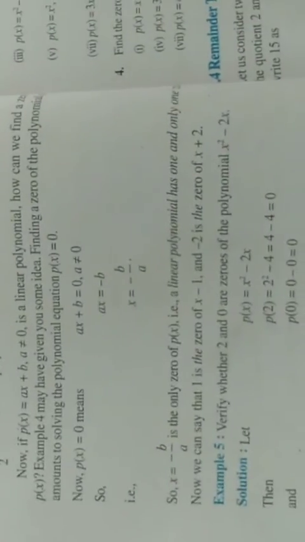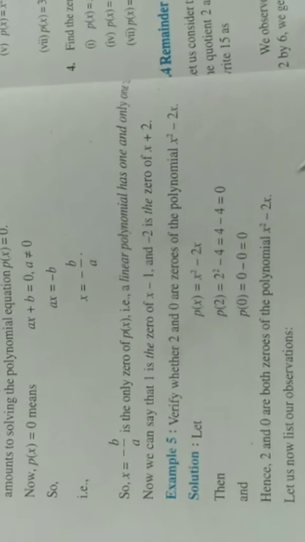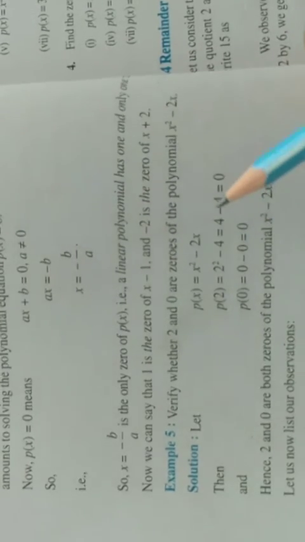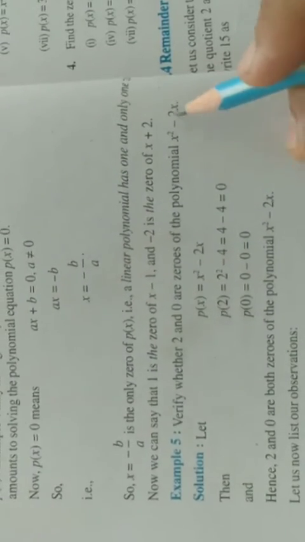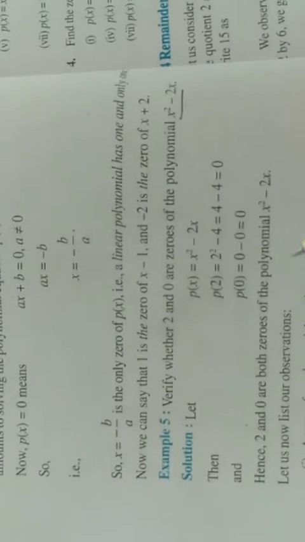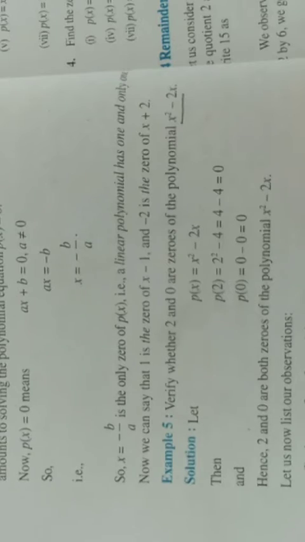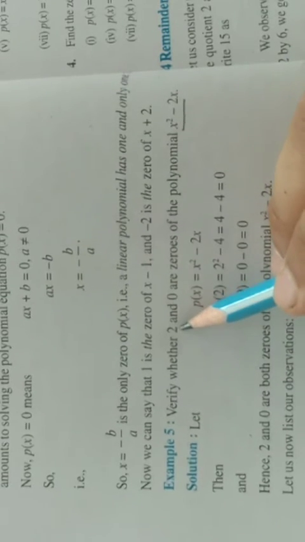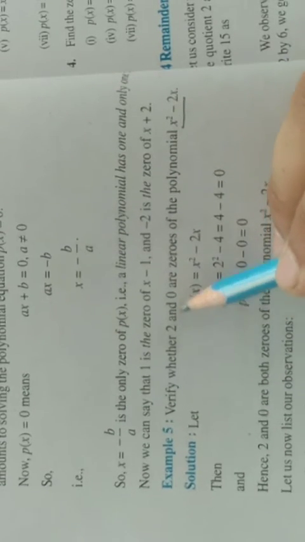Now next example number 5. Verify whether 2 and 0 are zeros of the polynomial x square minus 2x. Here we have to take p of x is equal to x square minus 2x. So one by one in place of x we have to put 2 and we have to put 0.